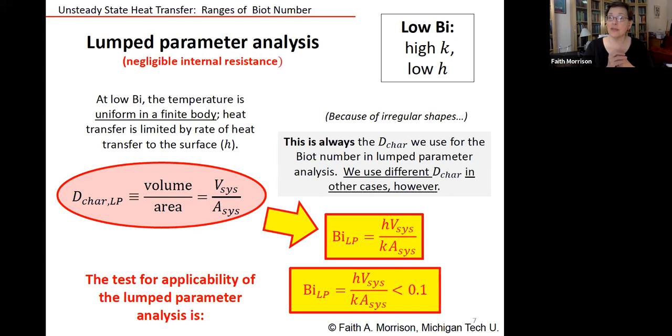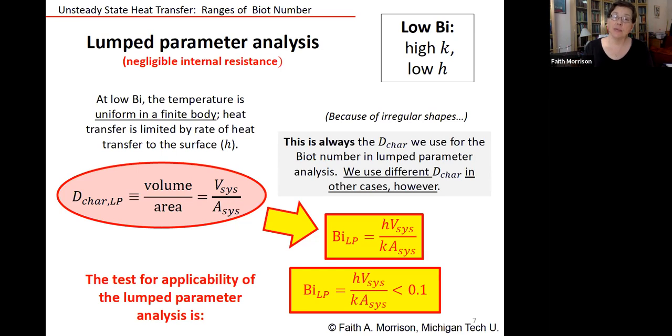That is this low Biot number case. As soon as the part is exposed to air of a certain temperature, whatever the surface temperature turns out to be, wham, it propagates entirely throughout the object. So that's a nice case because we don't have to worry about the temperature distribution so much. We just say the object is at temperature T.